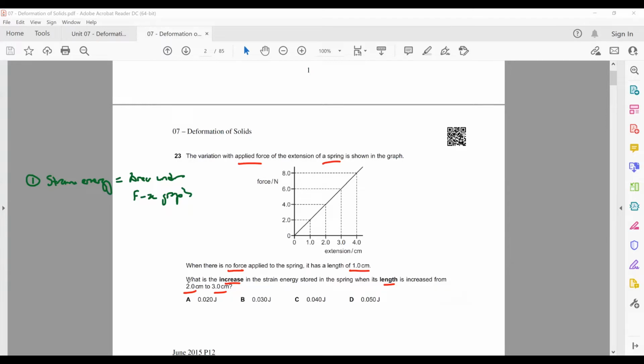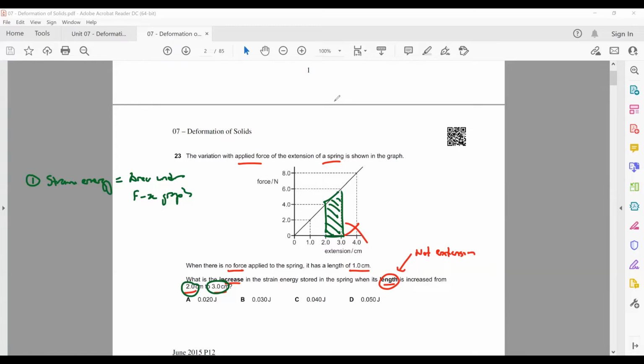Okay, now when you look at this one, 2 centimeter to 3 centimeter, you may be tempted to say that the area that you want to find is this one. This is actually not correct. Because you see, this one here is the length, not extension.